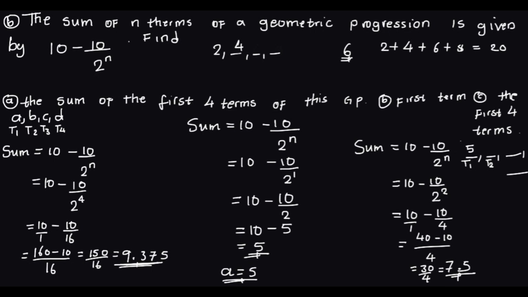So 7.5 minus 5, we have 2.5. This is our second term, and we can see how it is making sense, because if we add 5 plus 2.5 will give us 7.5, the sum of the first two terms. Now, since we have these two terms, we can now calculate the common ratio.